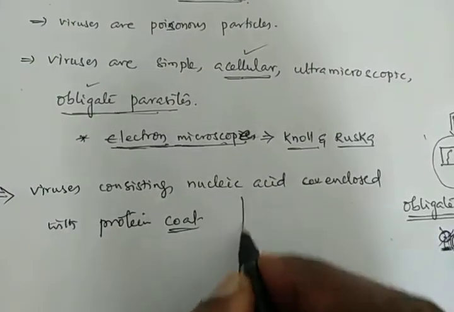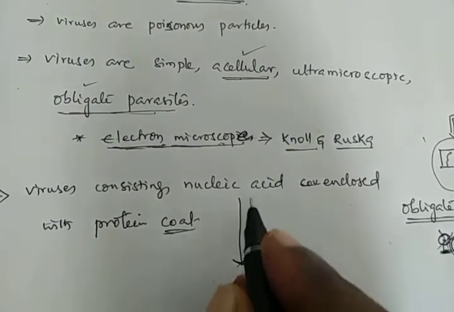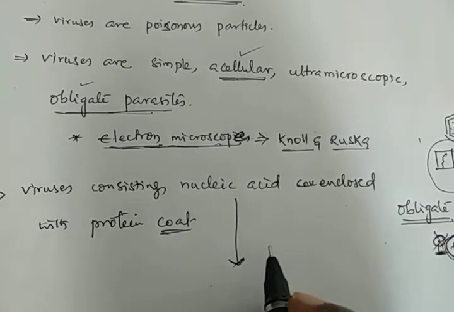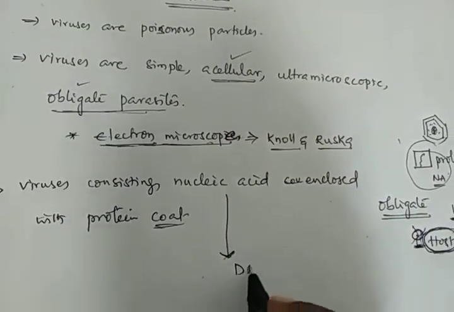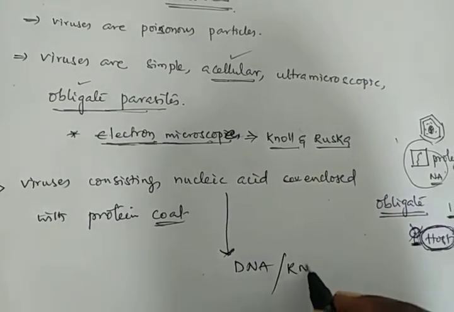Two types of nucleic acids are there, DNA and RNA, but viruses consist of either DNA or RNA.